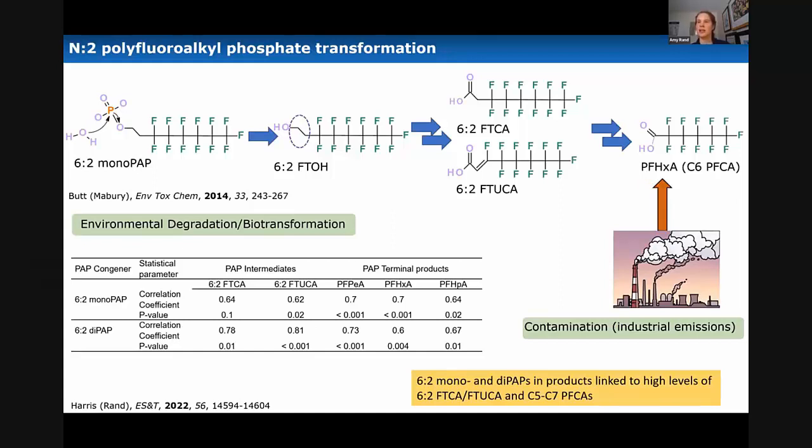So our original hypothesis was that products containing this fluorotelomer-based ingredient, like these PAPs, would have highest levels of PFCAs and their precursors, even though these compounds are not specific ingredients.